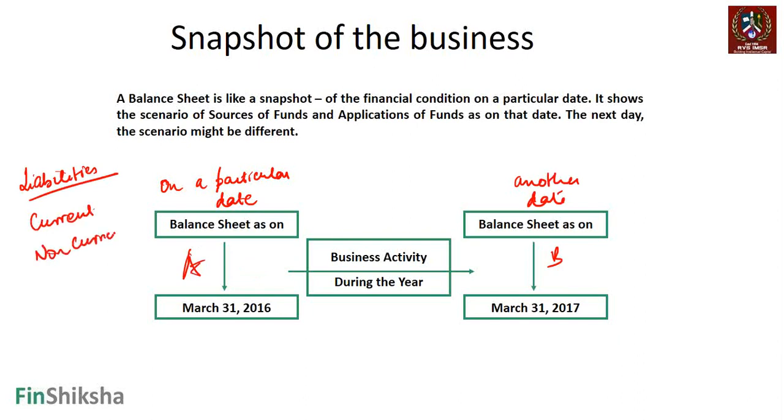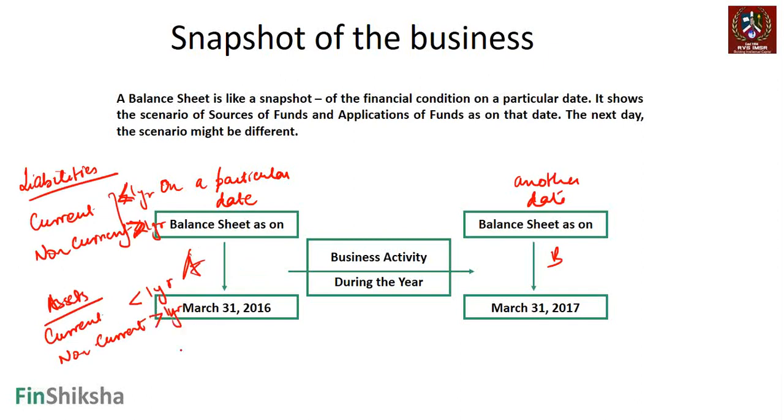We have already seen the basic definition of current and non-current: greater than 1 year, less than 1 year. Similarly, on the asset side, you will see the differentiation in terms of current and non-current. Usually the non-current ones are listed above because those are the longer-term ones. Again, current is less than 1 year and non-current is greater than 1 year.